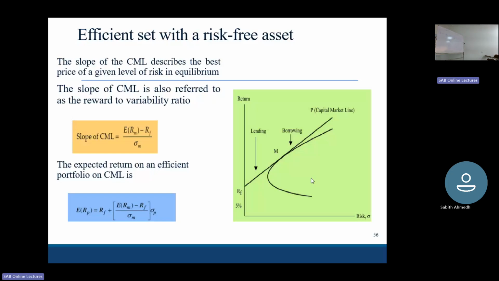Because I have 100,000, totally invested in the market portfolio, which means the risky market portfolio. In addition to that, I am borrowing another 100,000 at the risk-free rate, and I am investing that there as well. So I am a risk taker. Investors in the lending portfolios are risk-averse investors. So you can identify two behaviors with lending and borrowing portfolios.